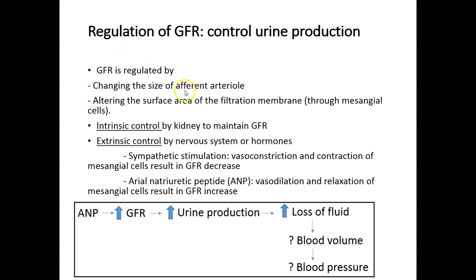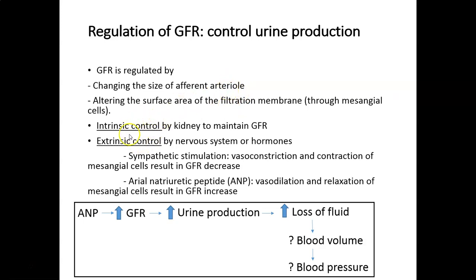So that's one way. The smaller the afferent arteriole, the smaller the HPG. The other one is to alter the surface area of the filtration membrane. If you remember, we talked about how the mesangial cells can alter the surface area of the filtration membrane. So it's basically through those two mechanisms that you can alter the GFR.